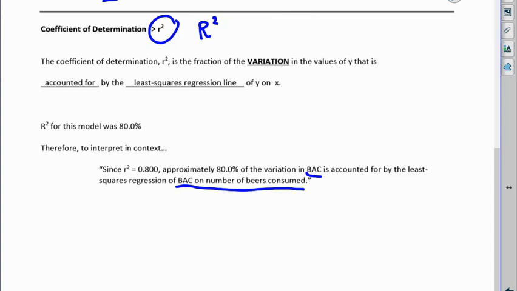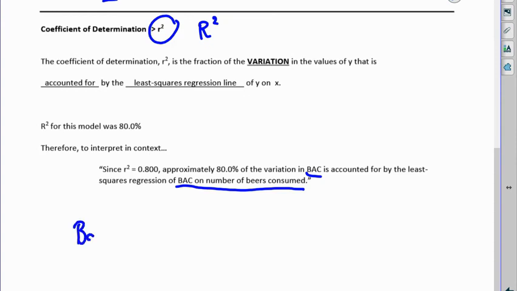So at 80%, I would say that it does seem to be a somewhat good model to predict your blood alcohol content, but clearly not perfect.